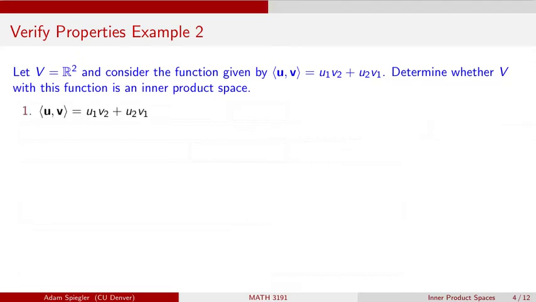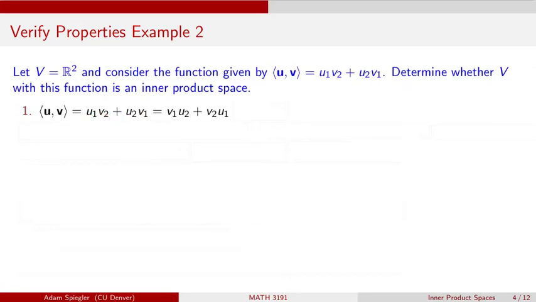So the first property is we want to check to see whether the inner product of u with v is going to give us the same thing as the inner product of v with u. So taking the inner product of u with v, we get u1 v2 plus u2 v1, and then we can change the order that we take these products and that we add things.